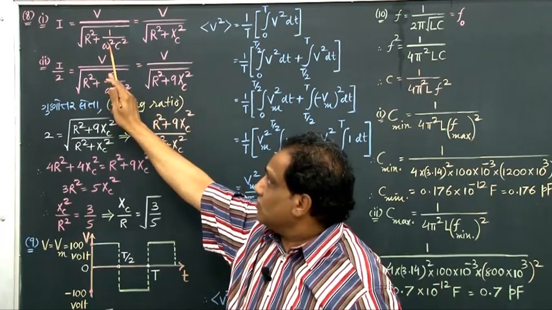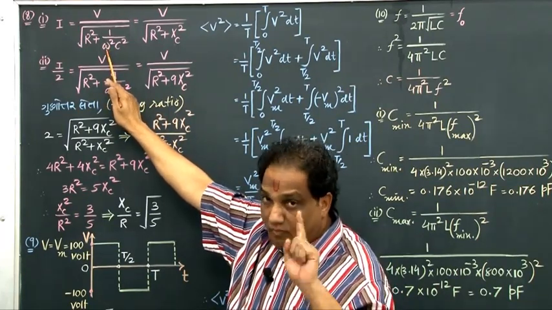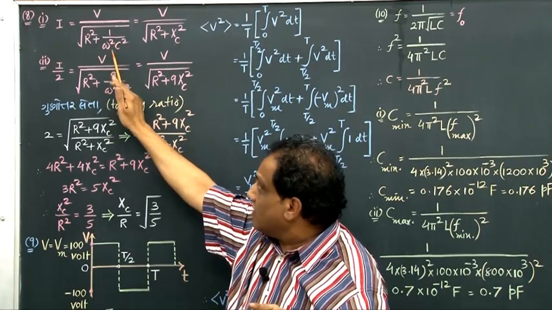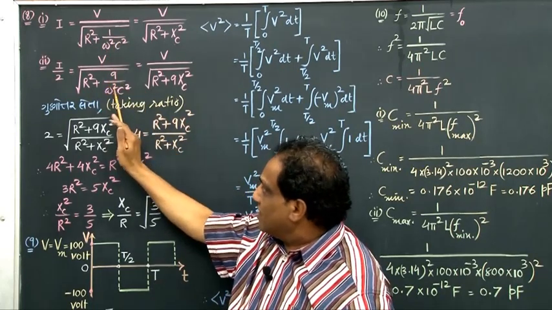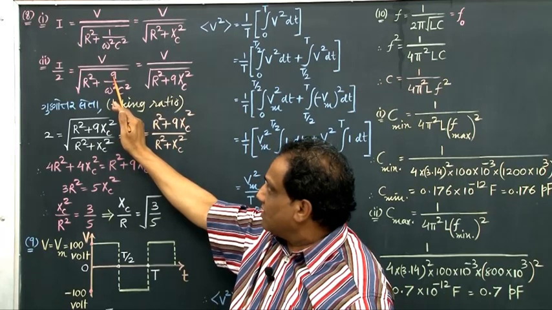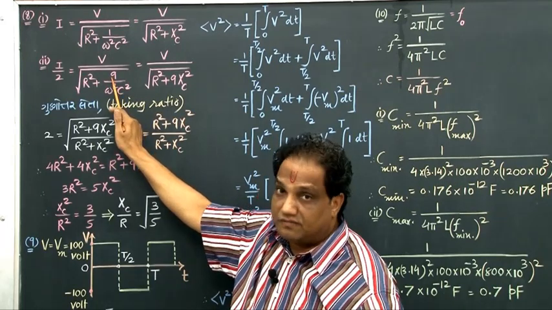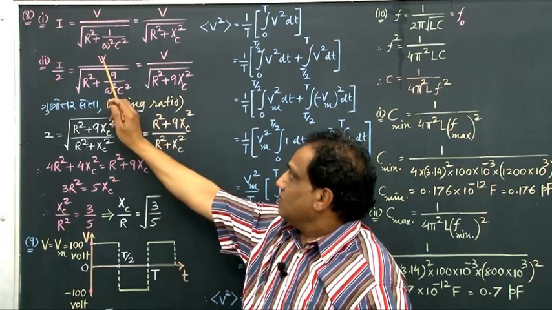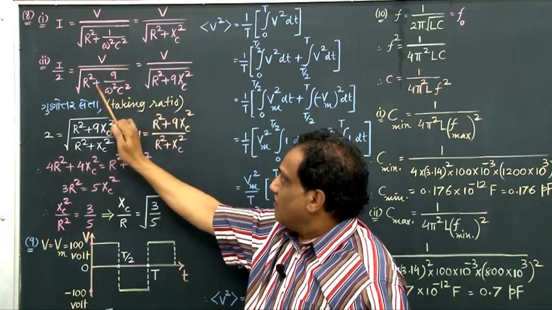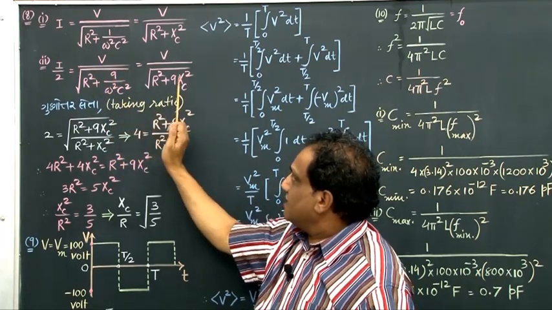So it will be omega square upon 9. Denominator will become numerator, so 9 will appear here. Correct? Fine. Now this V as it is, under root of R square as it is, 9 as it is.